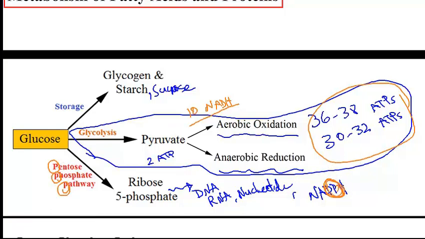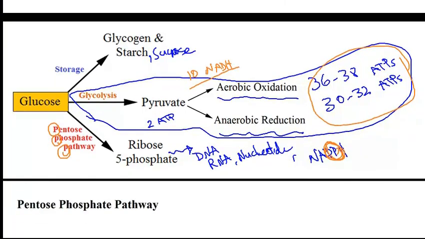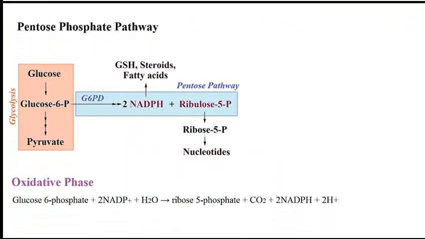All right, now with that background information, let's move on to the actual pathway. So here we have the pentose phosphate pathway, the other name for which is hexose monophosphate pathway or shunt.